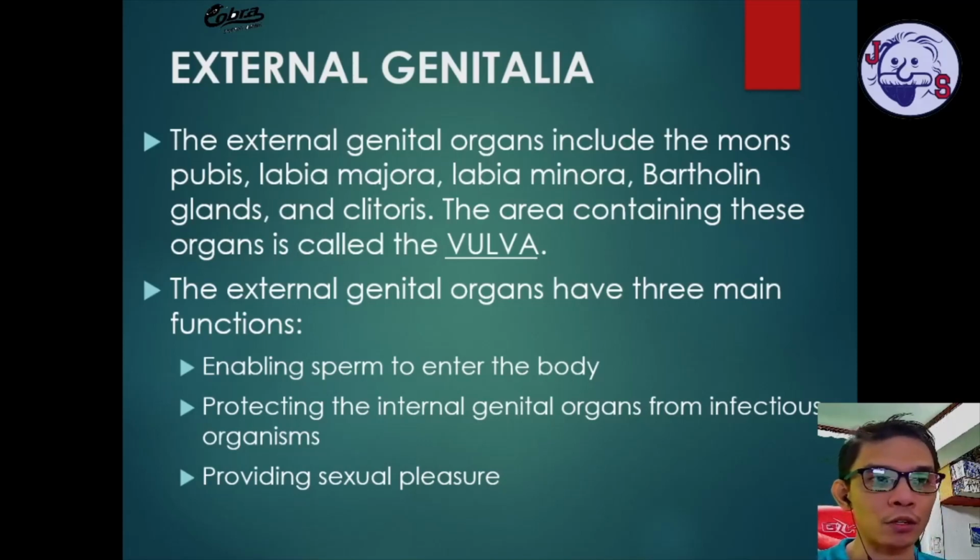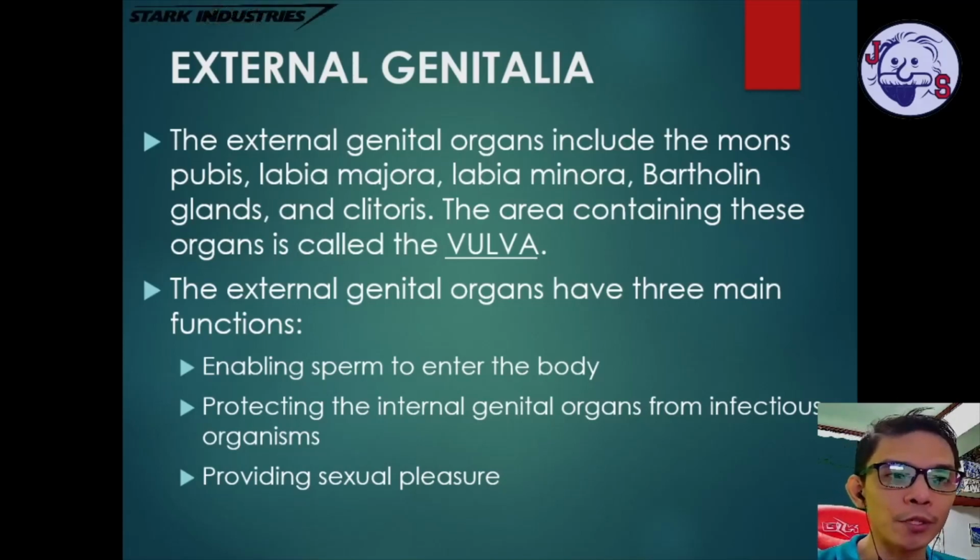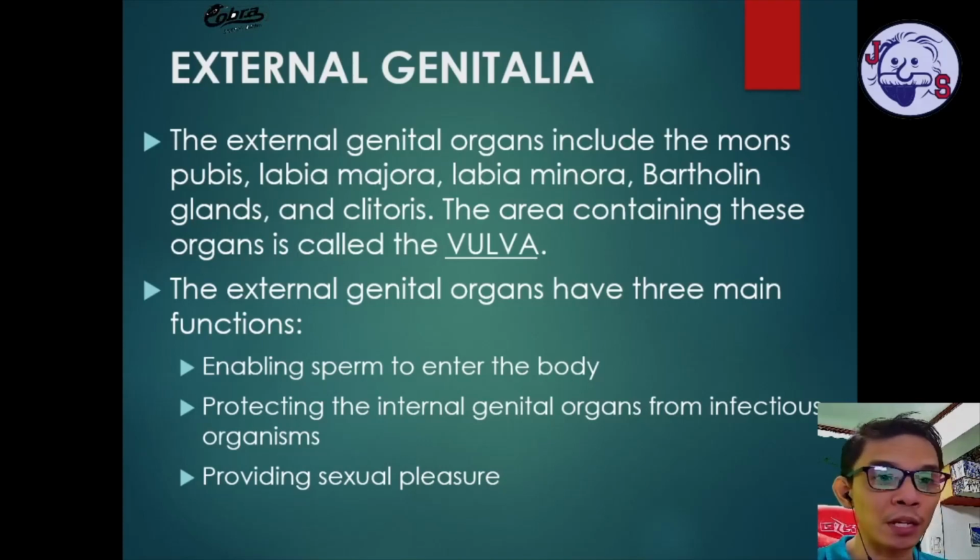the clitoris. Fun fact, everyone: the clitoris is the counterpart of the penis in the female reproductive system. If the penis is an erectile organ in the male reproductive system, the clitoris is its counterpart.